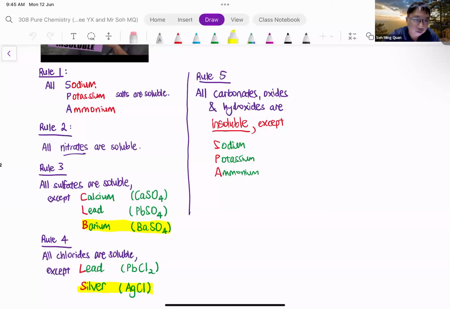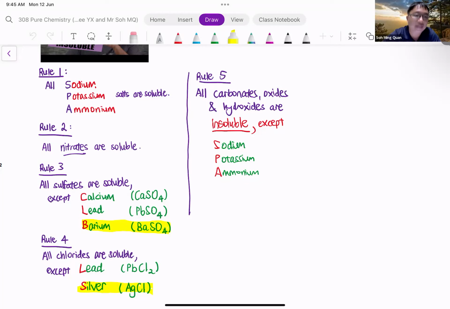Rule number 2, all nitrates are soluble. So long as there's a nitrate ion in the salt, it will be soluble. This is regardless of whether it's copper 2 nitrate, iron 2 nitrate, aluminium nitrate, and so forth.